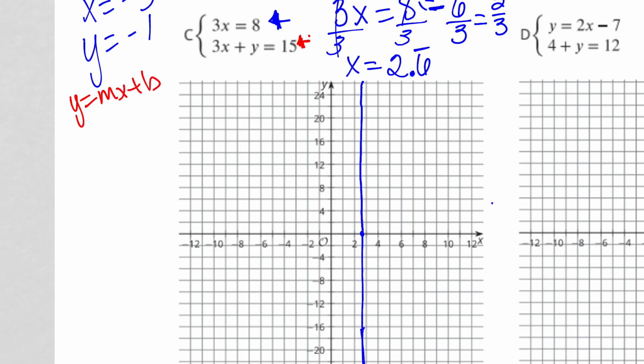So how do I isolate the y? Subtract. What do I subtract? The 3x. You subtract the 3x. So what do we get on the right side? y equals what?